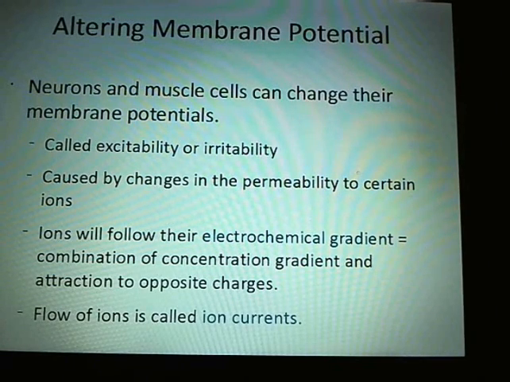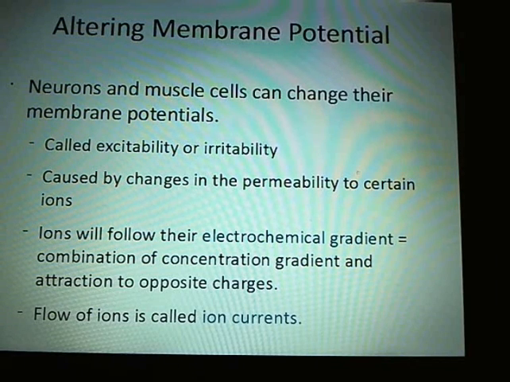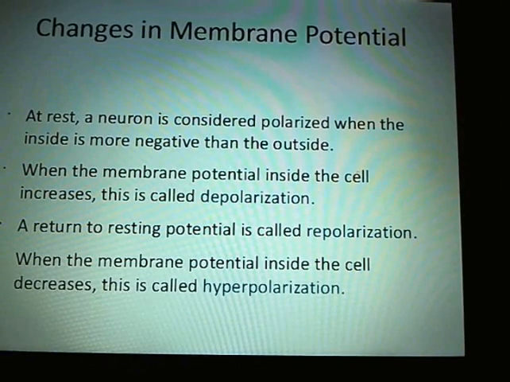They can change their membrane potentials, and you call that excitability or irritability because of the change in membranes to certain ions. The ions will follow the electrochemical gradient, moving from an area of high concentration and the attraction of opposite charge. The flow of ions is called the ionic current.